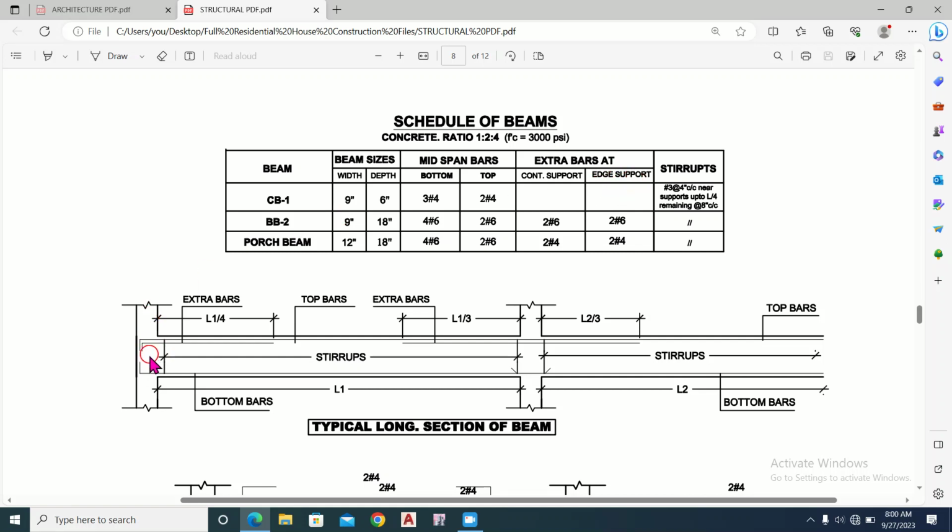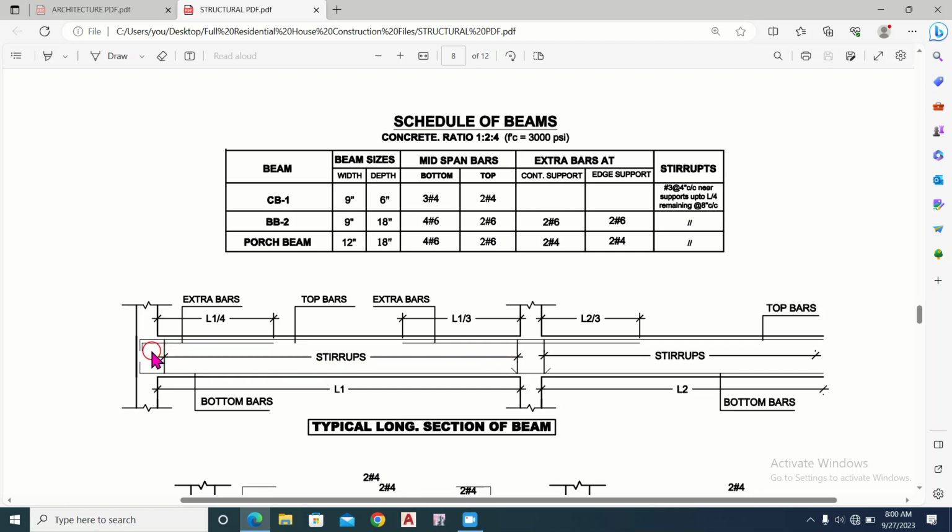This is the edge, and this is the beam location at the supports, which lies at this support, the beam section. So here this beam is continuous.